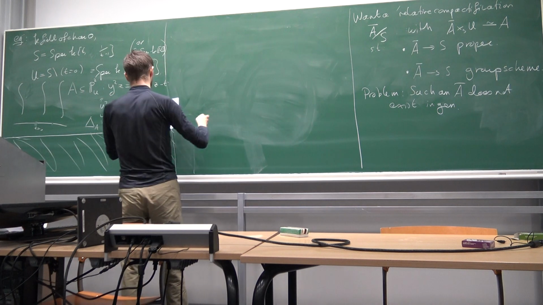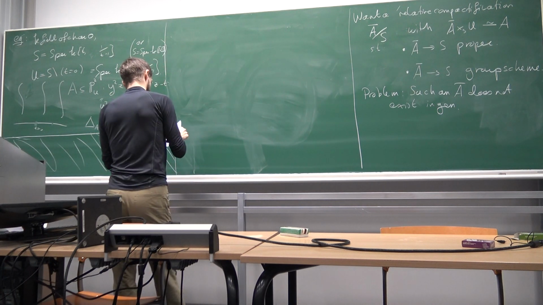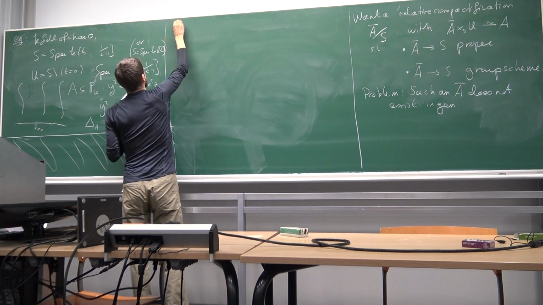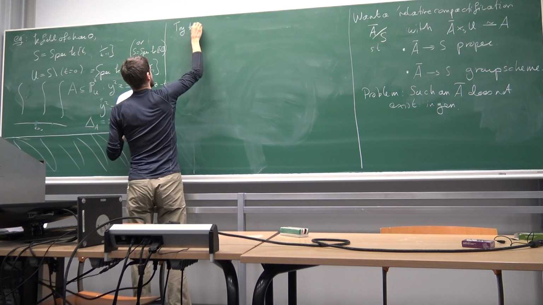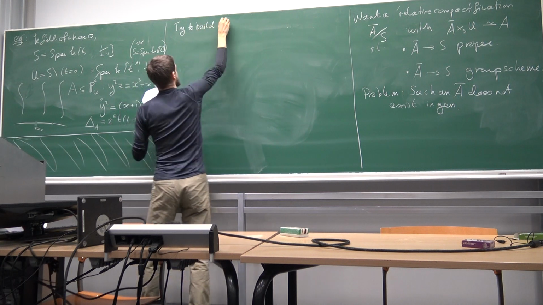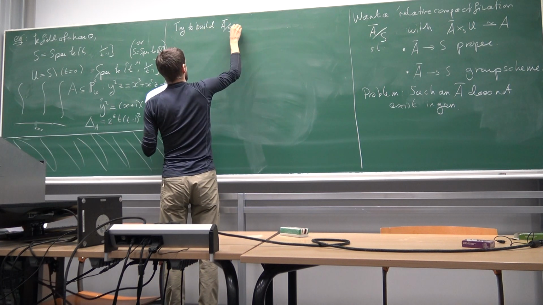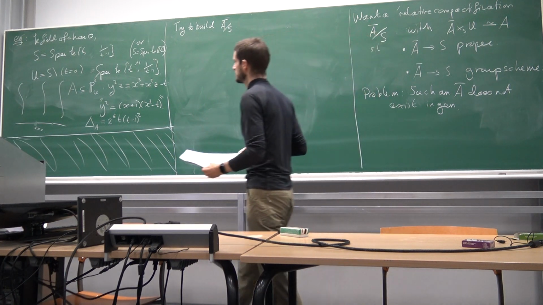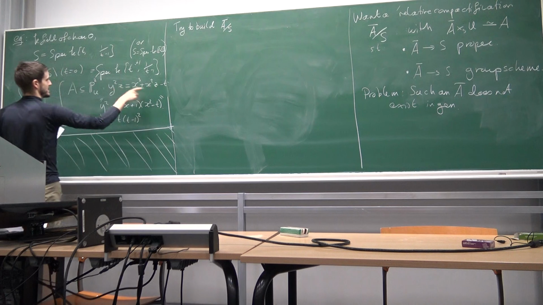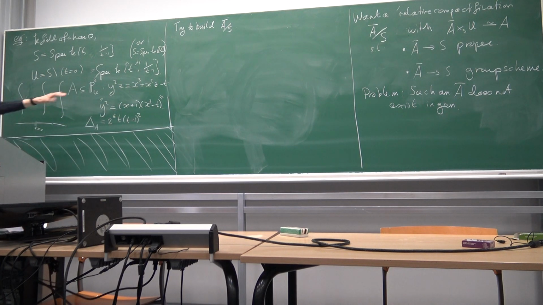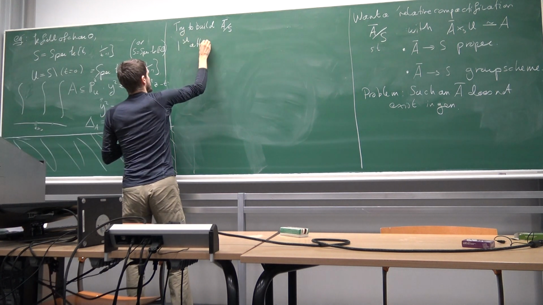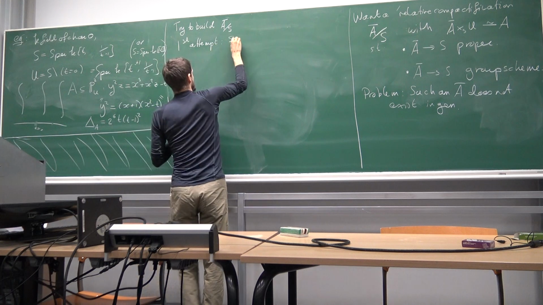So, try to build A bar over S. There's a natural first thing to do, which is to say this equation makes sense over S, so I can just take the same equation and it'll cut out something in P2 over S.